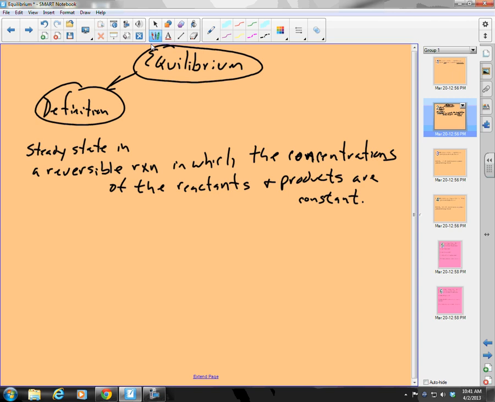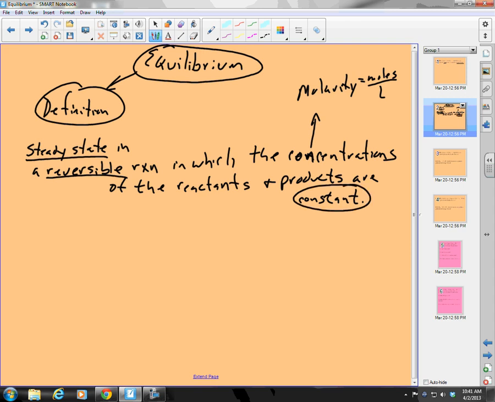It's a steady state. That means the situation is not changing. The reaction is reversible, and the concentrations of my reactants and products are constant. Remember, when we're talking concentrations here, most commonly we're talking about molarity, which are moles of my solute per liters of solution. Now be careful here.